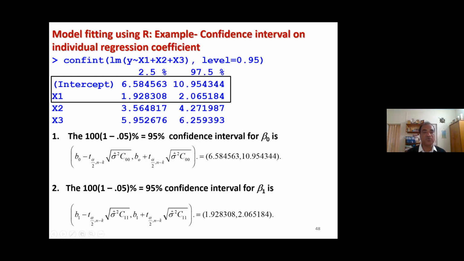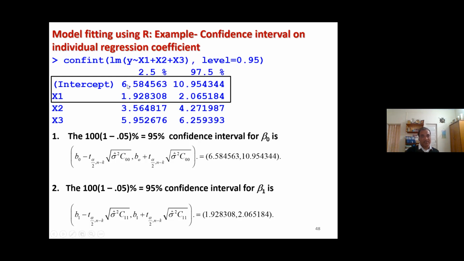Now if you want to obtain this confidence interval, I'm not bothered about the formula because you are going to use software. In R we have the command confint, and then you write something. This level is 1 minus alpha, where alpha is the level of significance of the test of hypothesis, but here it is called the confidence coefficient. So we are 95% confident that our values are going to lie in this interval.